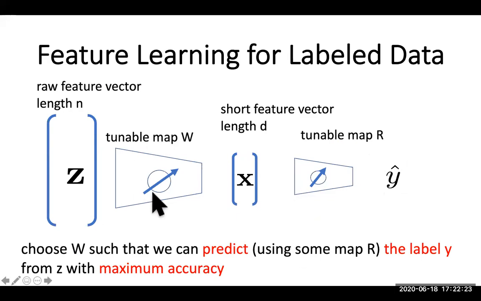And then again, we obtain different feature learning methods by using different types of tunable maps, either linear maps or artificial neural networks or decision trees or any other class of functions.